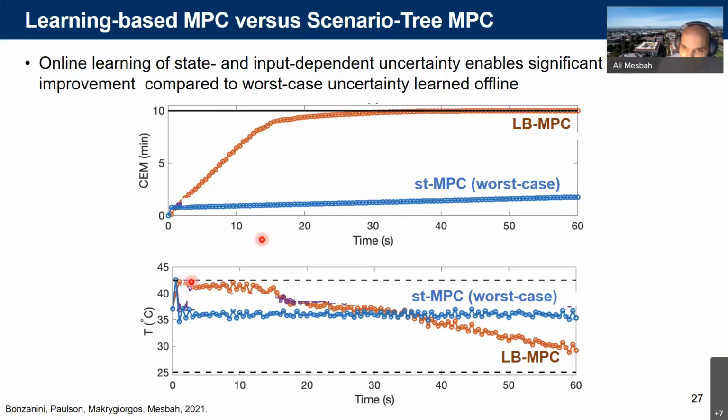Here I'm comparing the performance of the learning-based scenario adaptive MPC with the worst case MPC that relies on the worst case description of uncertainties with a rigid scenario tree. These are both scenario tree optimizations, as I explained, but in one case, the scenario tree is adaptive based on the GP that is being learned and adapted online.